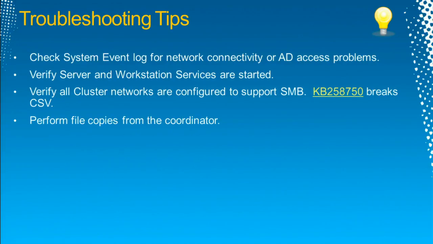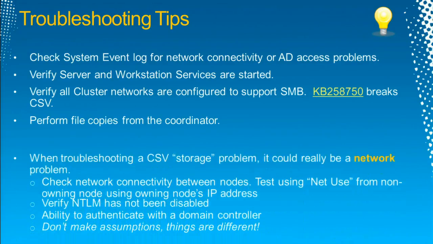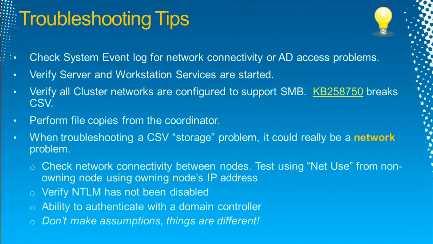Perform file copies. If you can get a connection, perform a file copy. See if there's a problem with the network. Are we dropping a lot of packets? Is the network oversaturated? Things of that nature. So, the key thing when troubleshooting a CSV storage problem: don't always think of it as a storage problem. It could be a network problem.